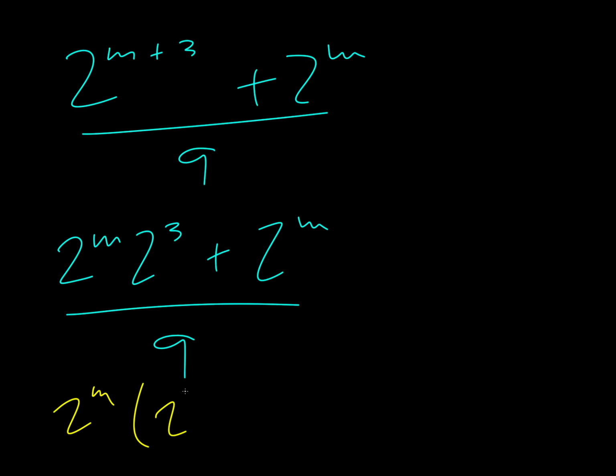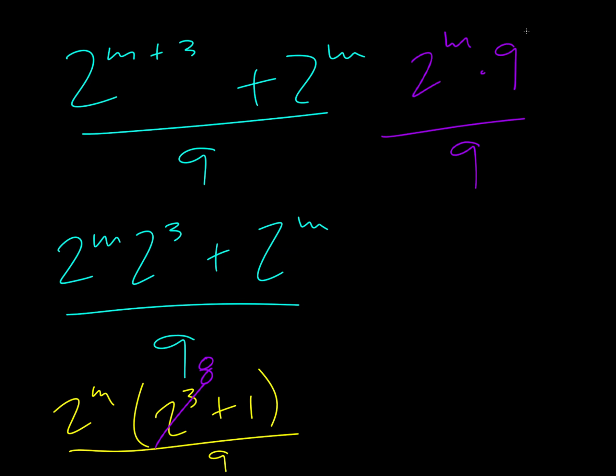That leaves 2 to the 3 plus 1 all over 9. 2 to the 3 is really 8, and so 8 plus 1 is 9. So we get 2 to the m times 9 over 9. 9's cancel, and we're left with 2 to the m.